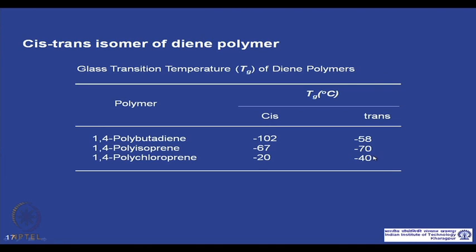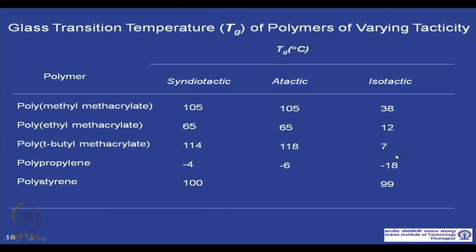Now, these are all specific examples, so no generalization is possible. So, a general explanation is a little difficult to give. The glass transition temperature also depends on the tacticity of the homopolymers. For example, the Tg of syndiotactic polymethyl methacrylate is different from isotactic, whereas for polystyrene it is not different.